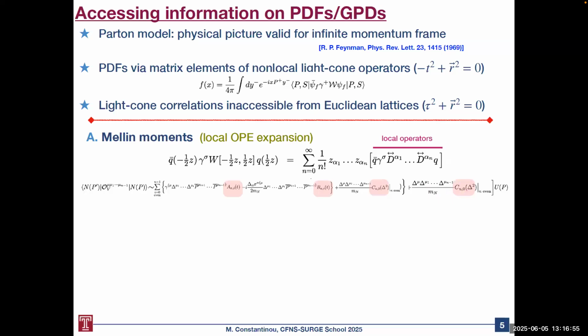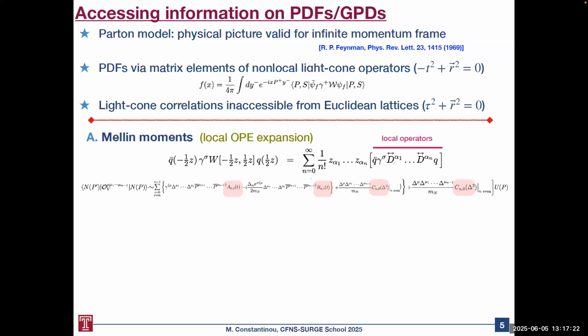An example of that: if I take the ultra-local limit, so n equals 0, for the proton, this matrix element, if you insert only the gamma operator, which is a vector operator, you can have here two terms, and these two terms are related to the electric and magnetic form factors of the proton.